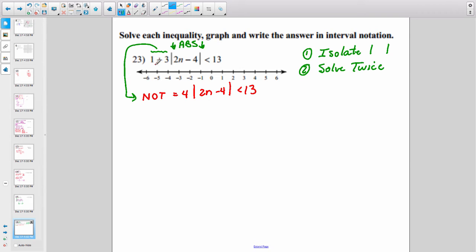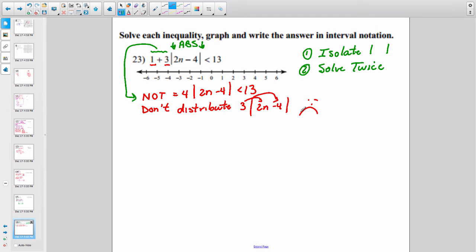The 1 is an addition, it's adding, and the 3 is a multiplier against the absolute value. And here's something else not to do. While we're here talking about the don'ts, let's not distribute that 3, because it's not parentheses. So we're not going to do this. Please don't do that. That doesn't work either.